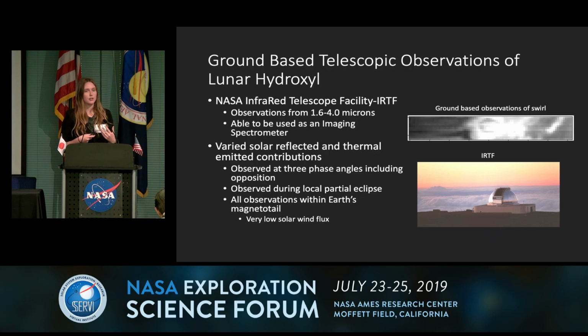And so those include some special observations, such as times when we're in opposition and we're getting a greater proportion of reflected light to thermally emitted light, as well as during a local partial eclipse, which decreases the amount of solar reflected light, but also significantly decreases the temperature, which affects the thermal emission. It's also worth noting all of these observations were taken when the moon was in the Earth's magnetotail, so there was a lower solar wind flux at that time.